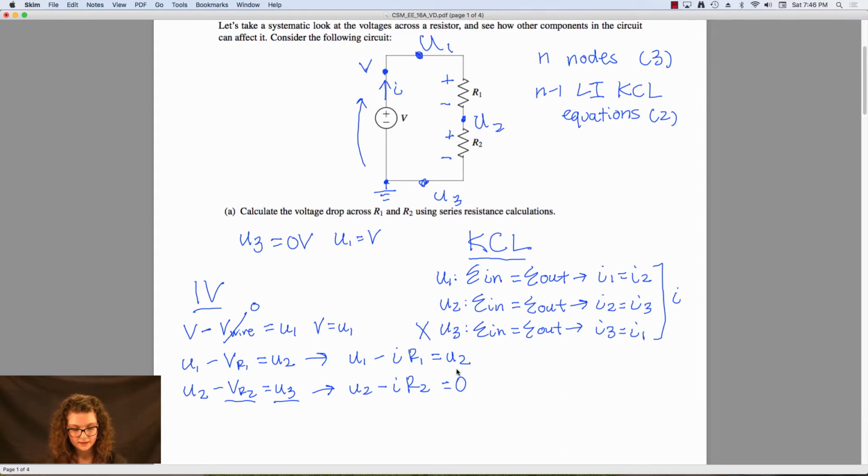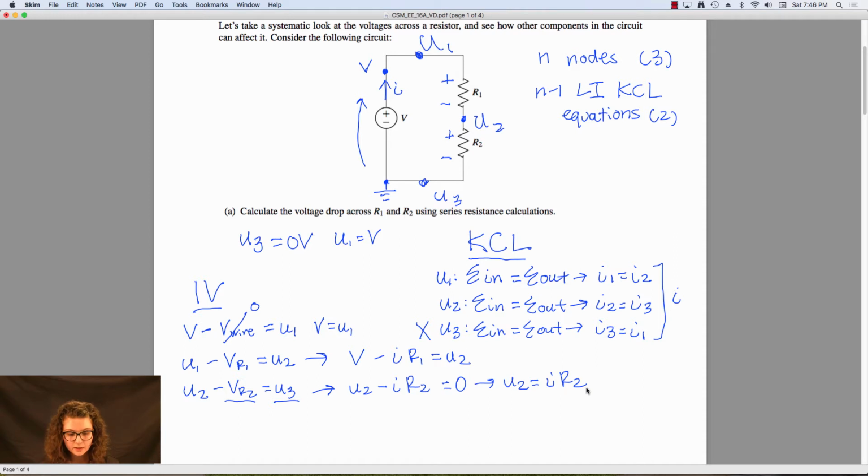And then similarly in the equation for U1, I'm going to make the substitution for U1 being V. I'm just going to do another quick algebraic manipulation here, that U2 is equal to IR2.